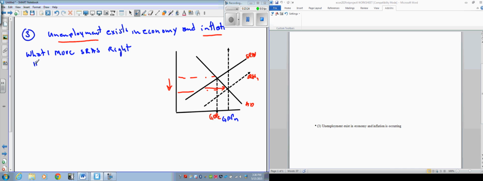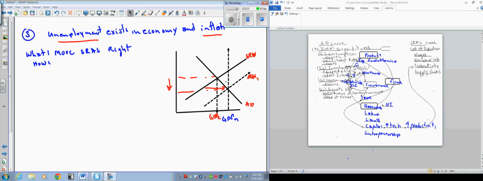How did I do it? Now, how I did it is going to be given to me in my circular flow diagram by using these values over here.